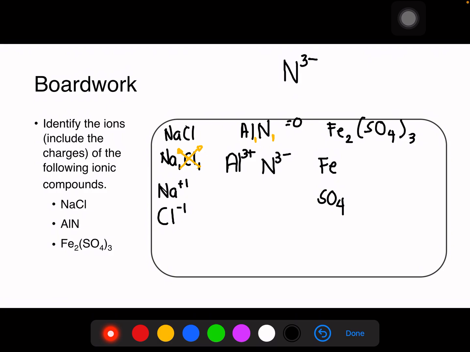So we perform the charge crossing technique. We place 3 here. It means it would be Fe3 plus, since it is our cation. And for SO4, we have 2 here. Charge crossing technique, we place it above the SO4. It means that the overall charge of SO4 will be equal to 2 negative.